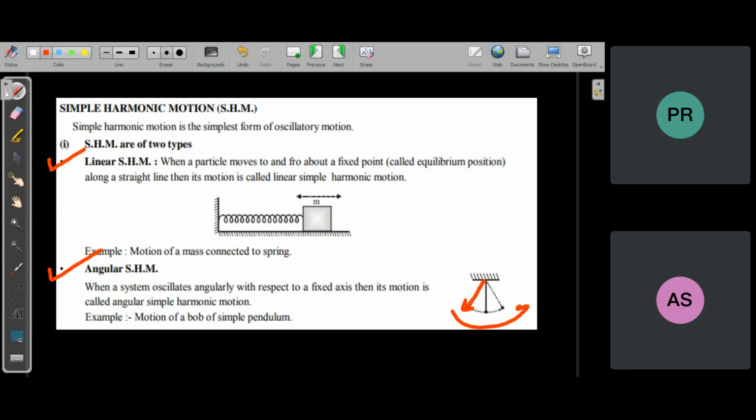It will start going like this and coming like this. Here, if you see closely, it is not motion in a straight line, it is motion on a curved path. And here the angle with the vertical, that theta, keeps on changing, right? So this is angular SHM.